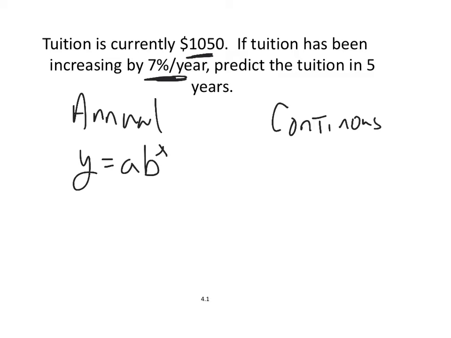And if it's a continuous model, it'll look something like this. y equals a, where a is still the initial value, but then use e raised to some continuous growth rate times x or t. e is a number. There's a lot of videos about what e is.